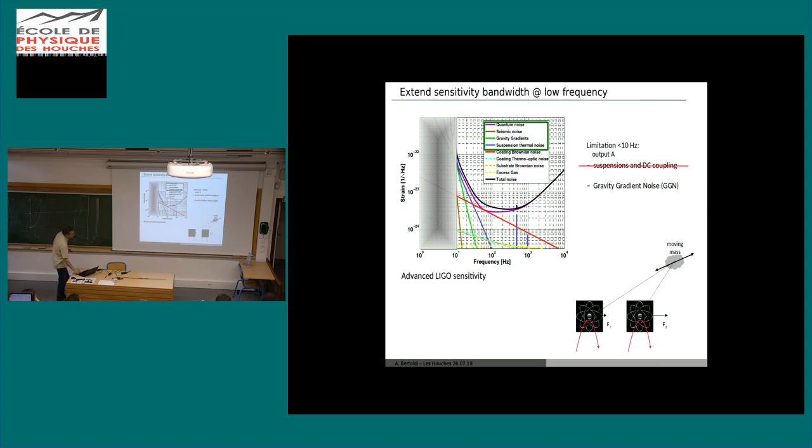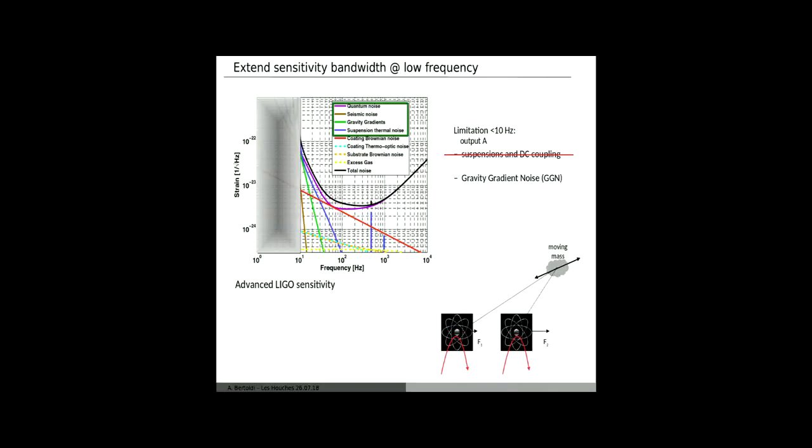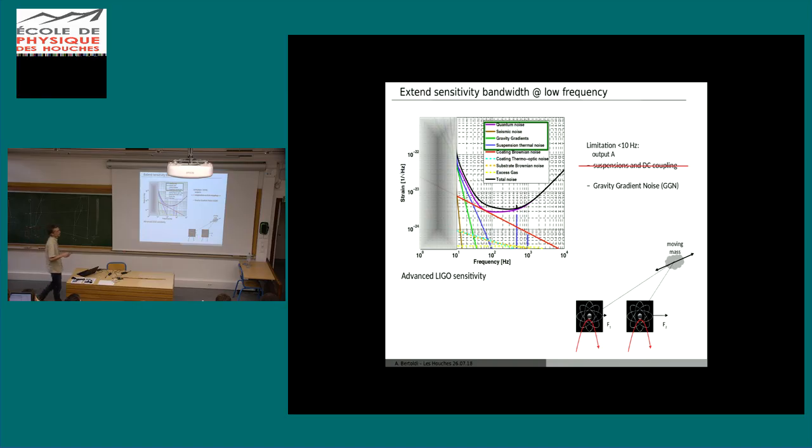So with atoms, we see, at least intuitively, that we get rid of the link constituted by suspension. Atoms are not attached to anything. We throw them along the free fall path, and so there is no coupling, and this effect is eliminated.